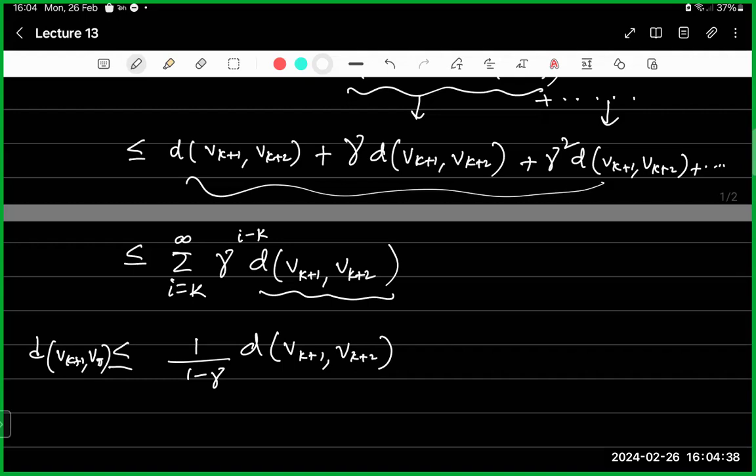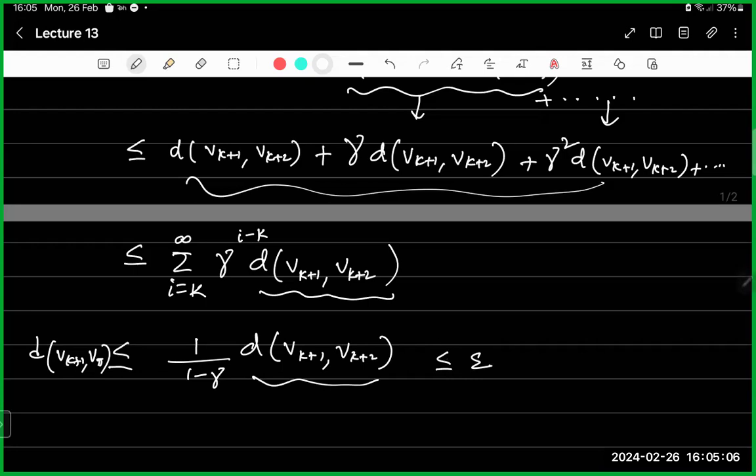We got this, right? So now what is it we are interested in? We want to stop since it is less than epsilon, right? If you want this to be less than epsilon, we can understand what should be the distance between vk plus 1 and vk plus 2, correct?